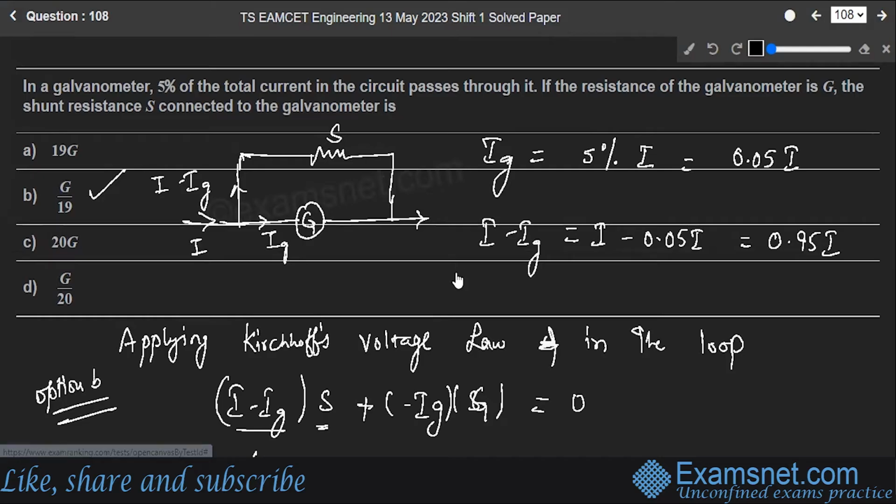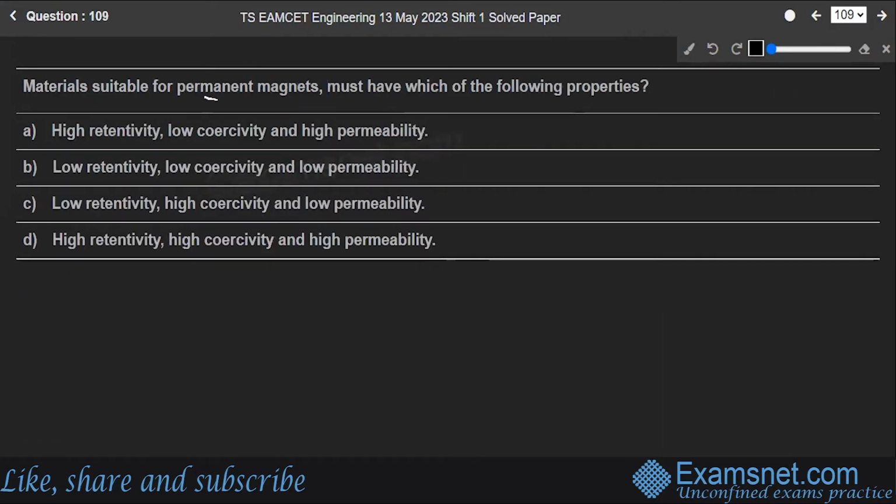Let's move to the next question, 109. Material suitable for permanent magnets must have which of the following properties? Okay, see, material suitable for making permanent magnets must have these properties. First thing, high retentivity, so that it produces a strong magnetic field.